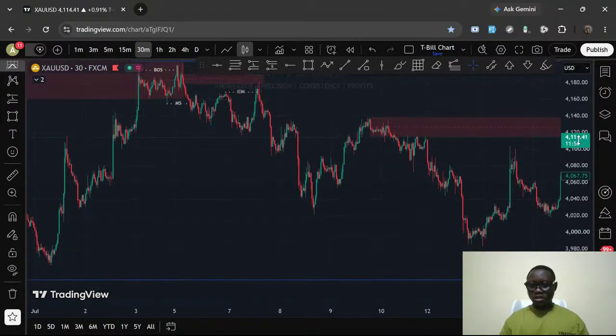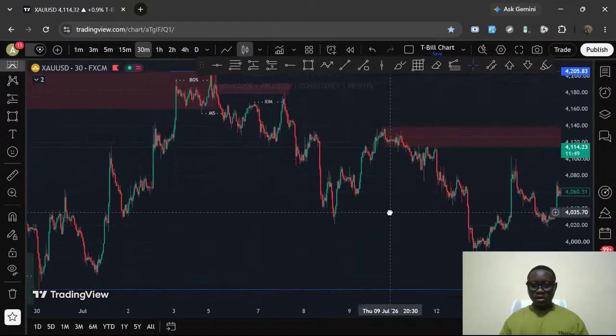Let's look at this structure. So we got a break of structure here, a break of structure, and this break of structure right here.